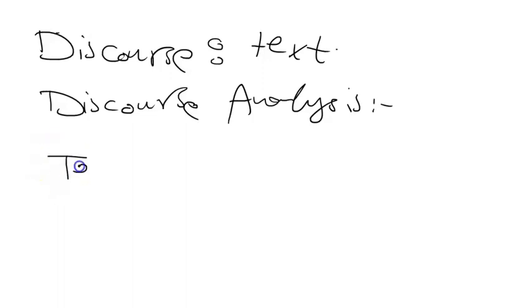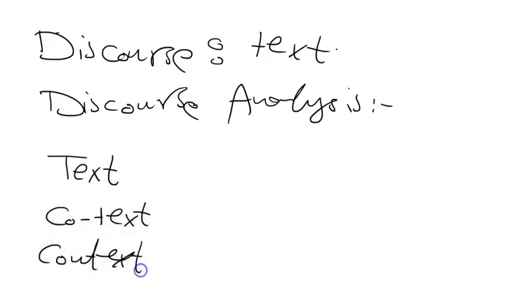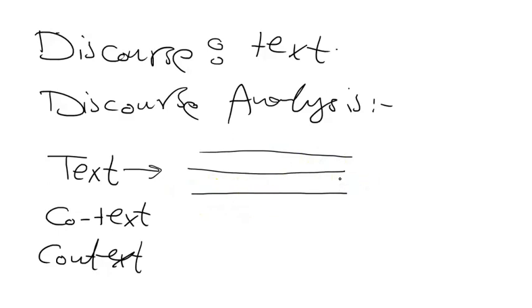We have the words text, co-text, and context. Once we say text, it means the real language. Whether it is a sentence or a number of sentences, the real language, the real expressions, the real vocabularies are the text itself.